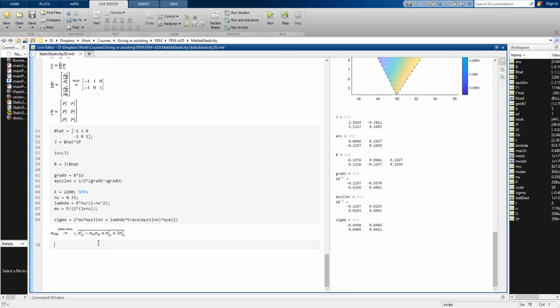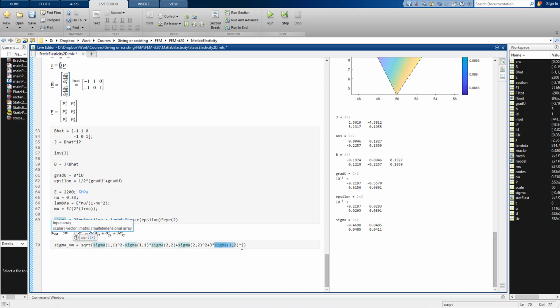And right, so let's compute that. So we have sigma Vm equal to the square root of sigma 1 squared minus sigma 1 times sigma 2 plus sigma 2 squared plus 3 times sigma 12 squared.